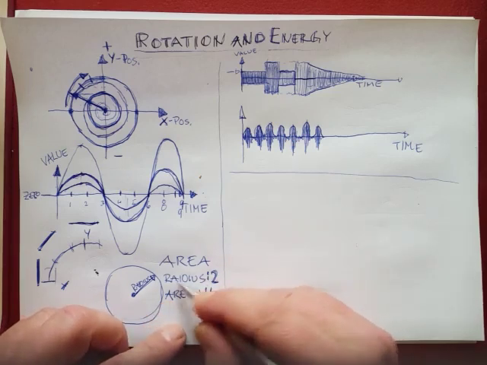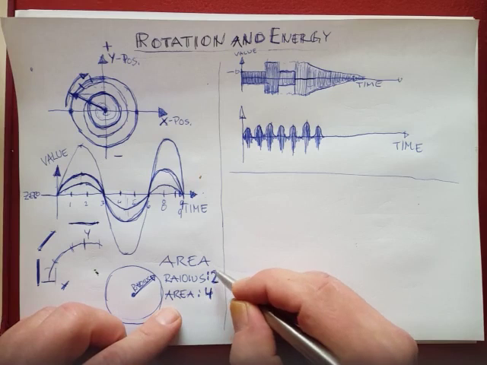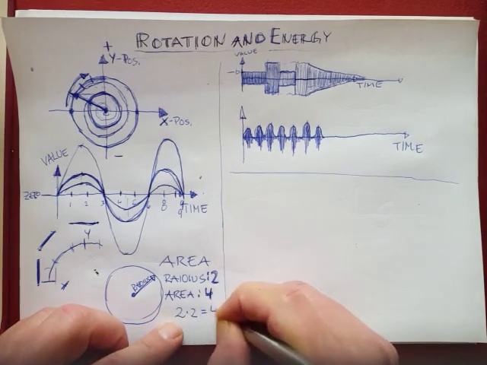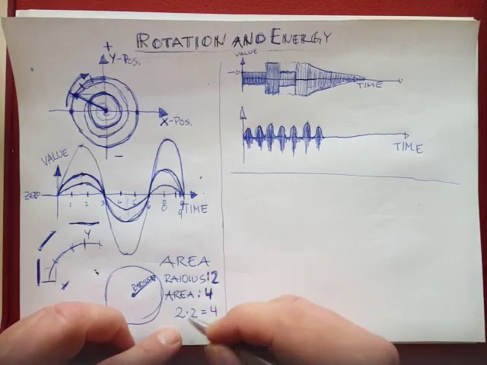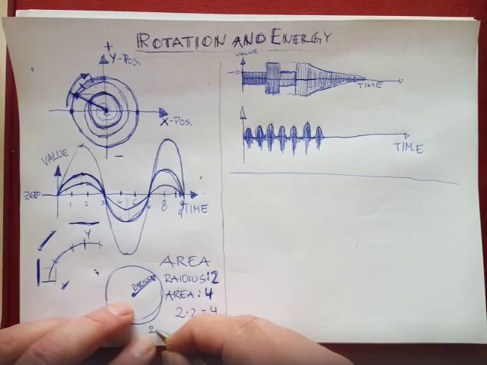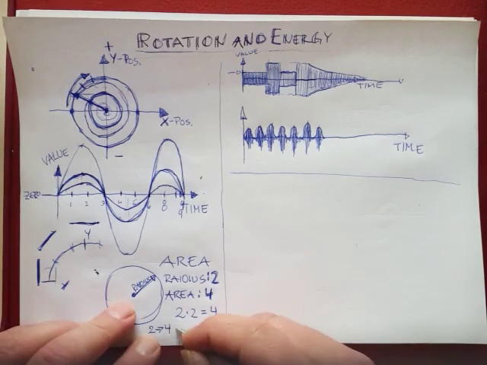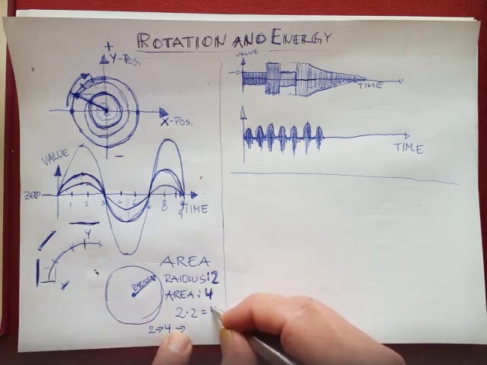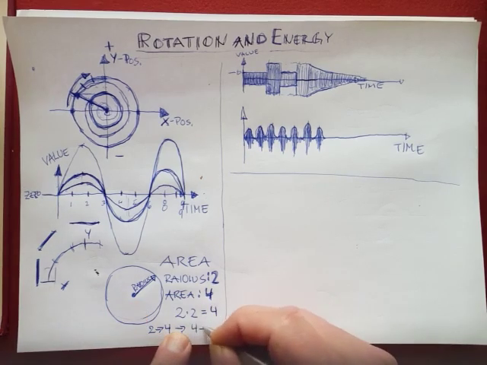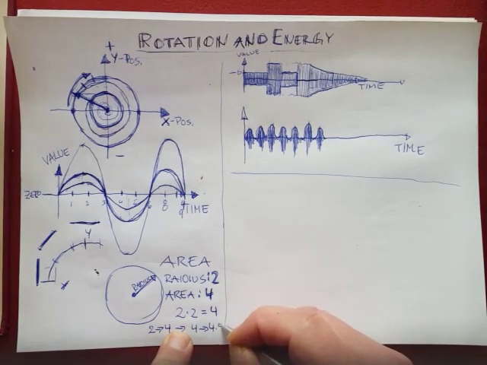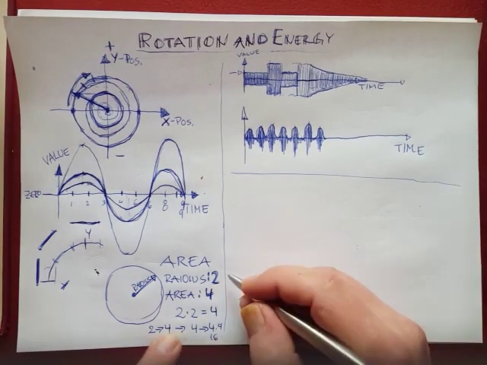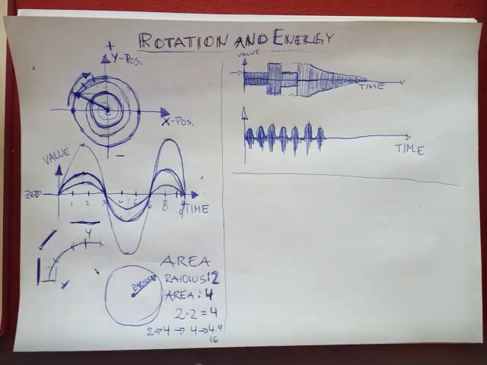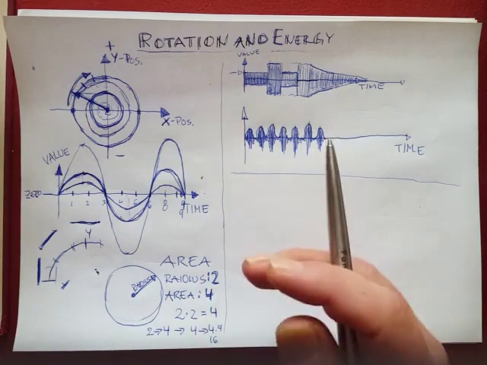So if the radius is 2, you square this and you get 4. So it's 2 times 2, 4. If the radius increases from 2 to 4, then the area increases from 4 to 4 times 4, which is 16. And that means the area is increasing much more rapidly than the radius is.